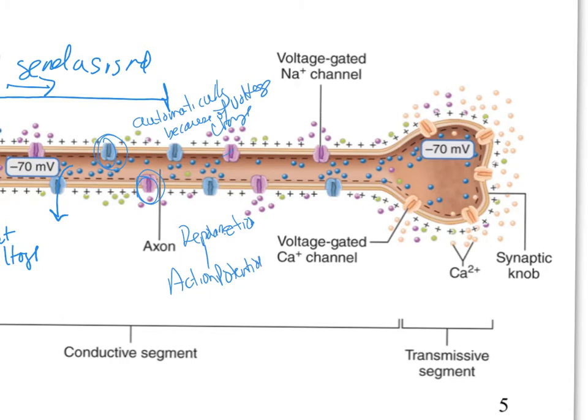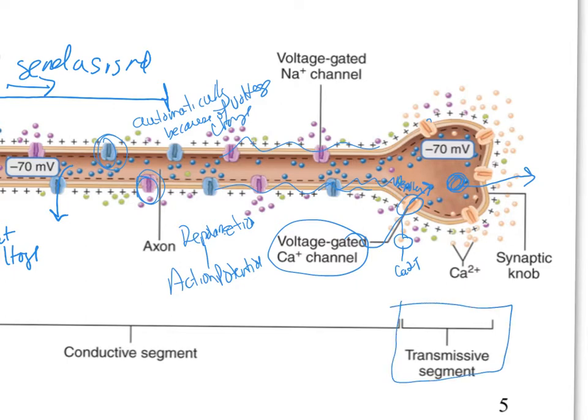Okay? And that's going to travel down here and travel down here. Now, I've got another gate right here, and this is a voltage gate for calcium. When I depolarize here, in response to this action potential that's going down, these calcium ions will go into here. The calcium ions will then trigger the neurotransmitter to leave the cell. Okay, and this is going to be the signal that is secretory.